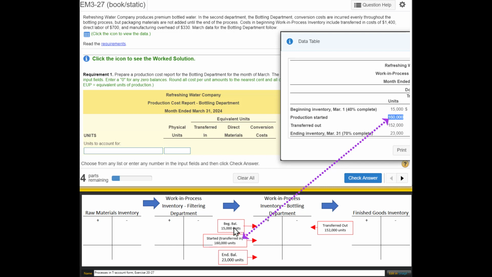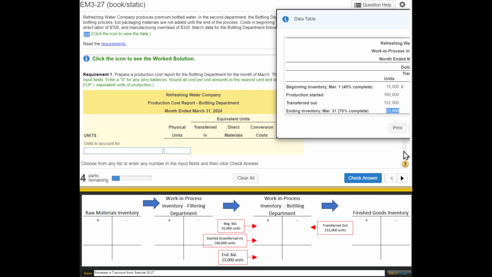So our units to account for are 15,000 plus 160,000. And then we transferred out 152,000. So 152,000 units were bottled and then transferred out to the finished goods inventory, which means the rest. These two combined are 175,000 minus 152,000, which means there's 23,000 units left that are unfinished. They are 70% complete, but are still unfinished. So that's why I have this 23,000 right here.